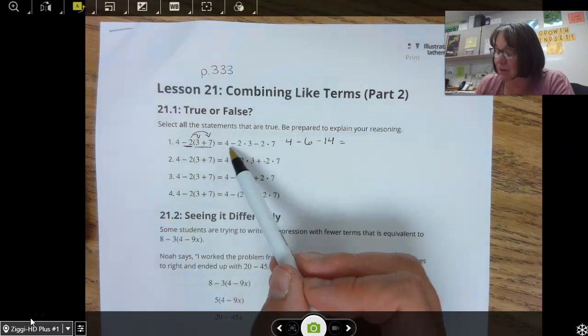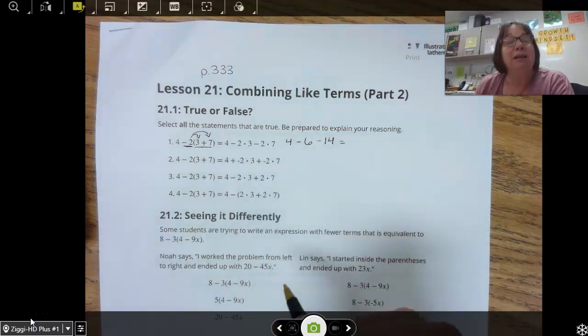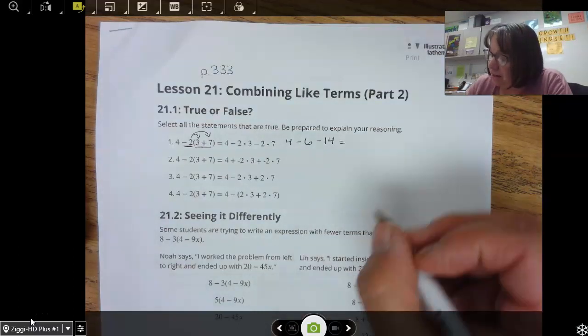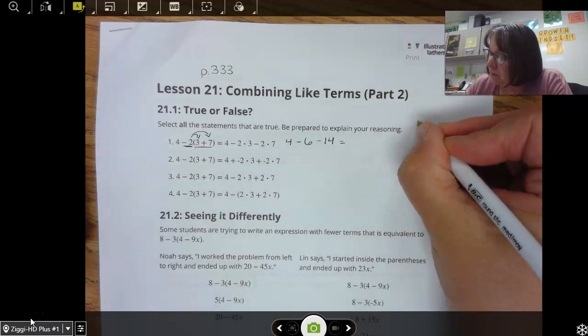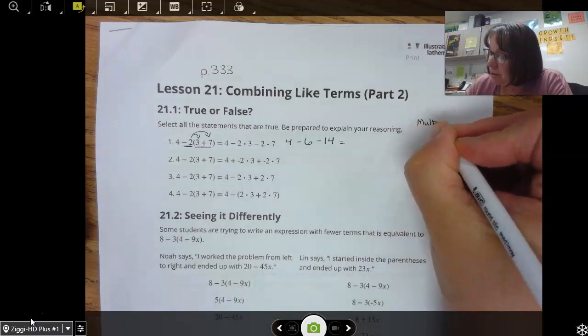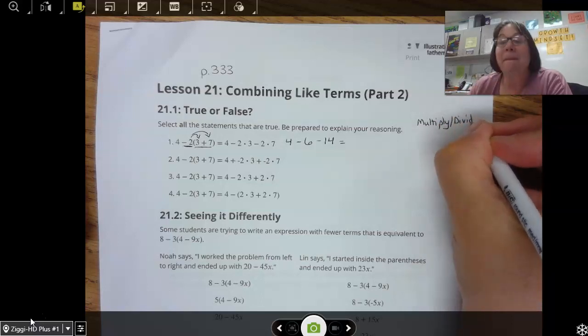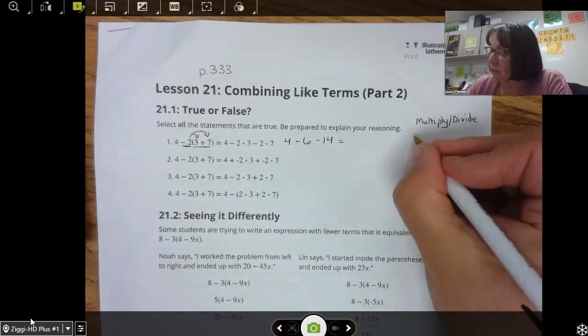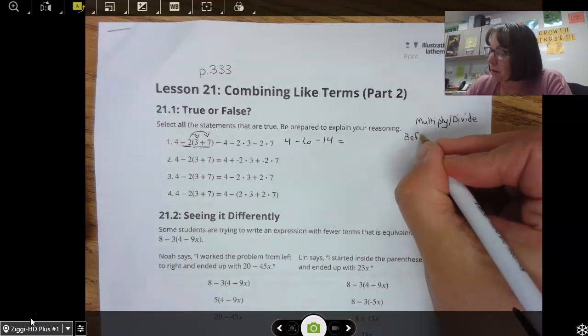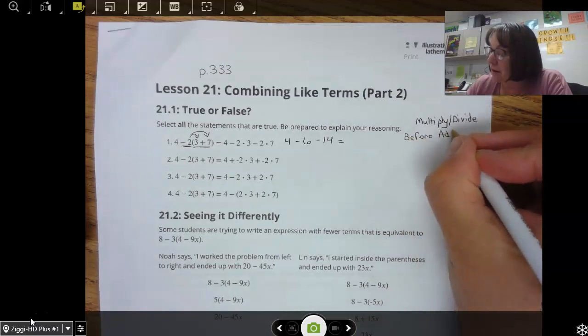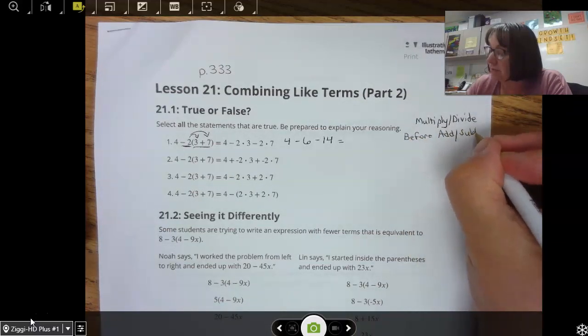Now, when you come to the other side, what you have to remember is that order of operations tells us we always multiply and divide before you add or subtract. So multiply, I would just write a little note, divide before any addition or subtraction.